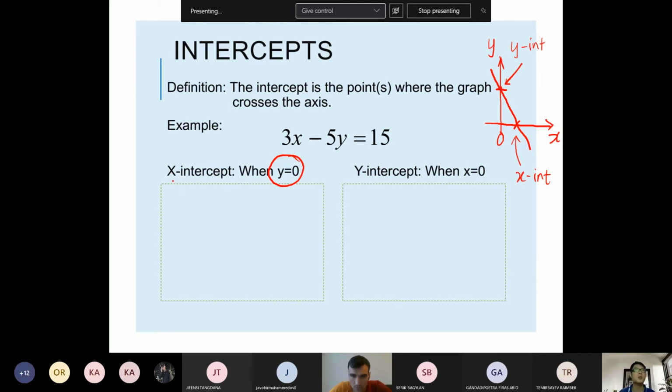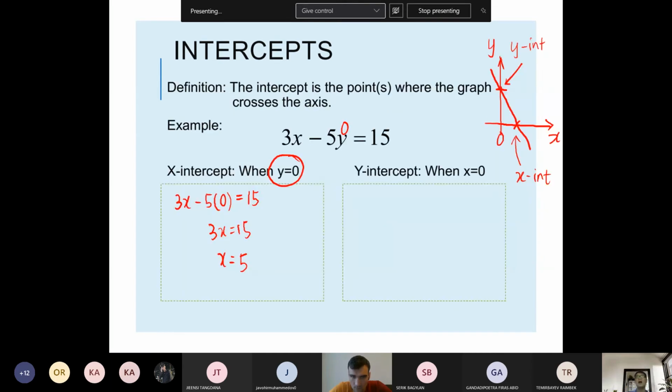To find the x-intercept, we have 3x minus 5y, the y is 0, so we put a 0 here, equals 15. And 3x is 15, then the x is 5.